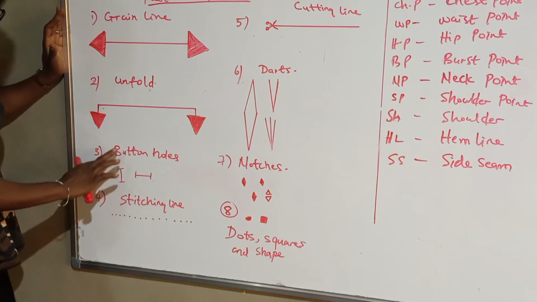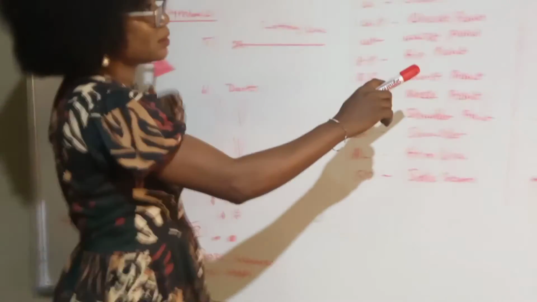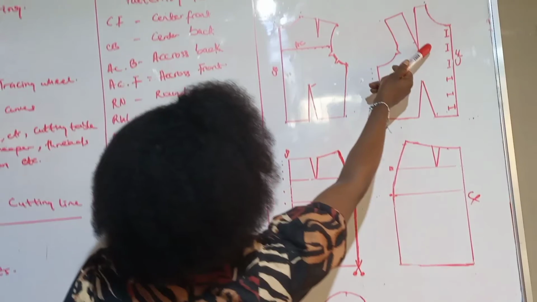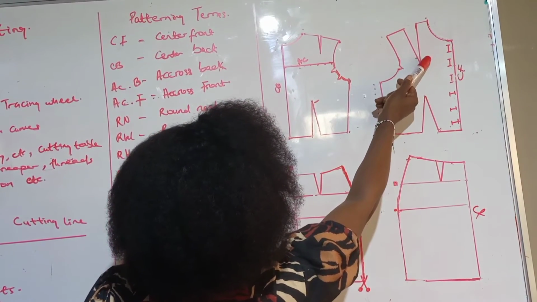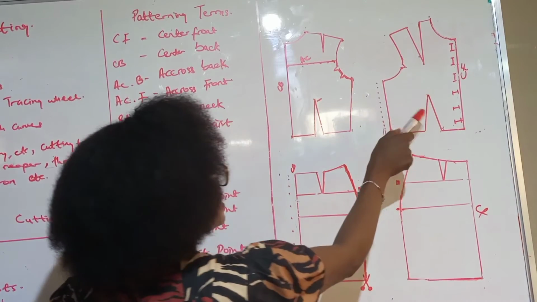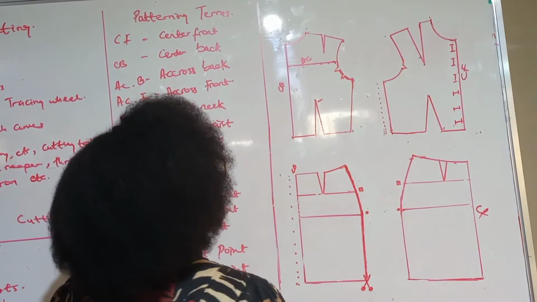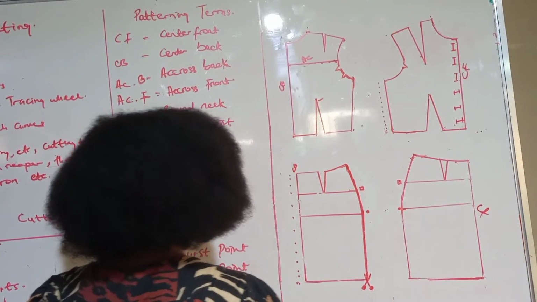So this simply represents buttonholes, just like you have it on this pattern. You can see it can be vertical, it can be horizontal. So when you see this on the pattern, it means there is going to be a buttonhole there. So that is what that means.